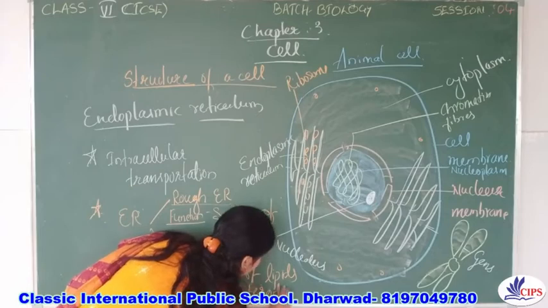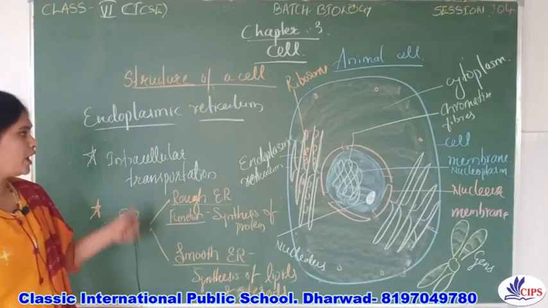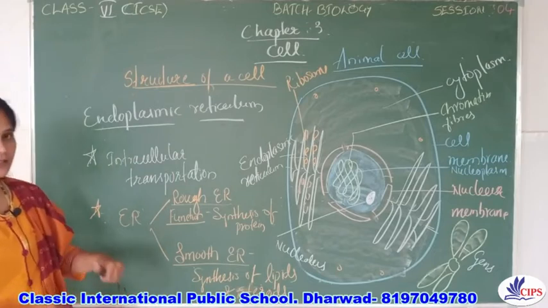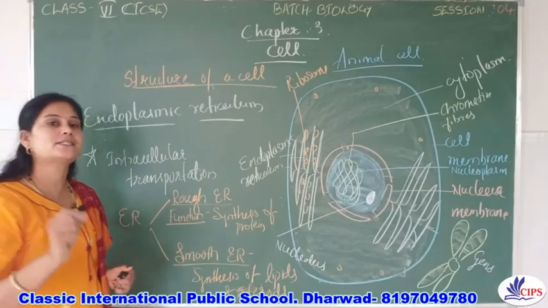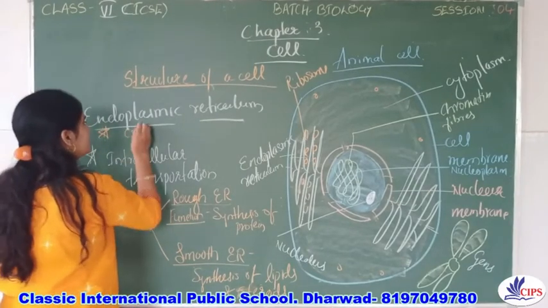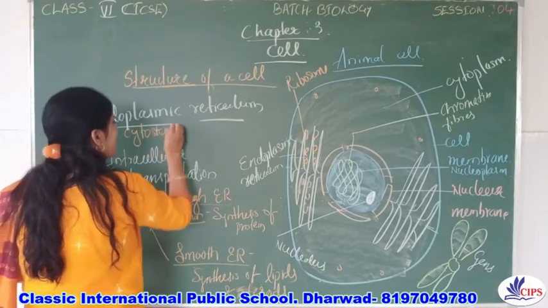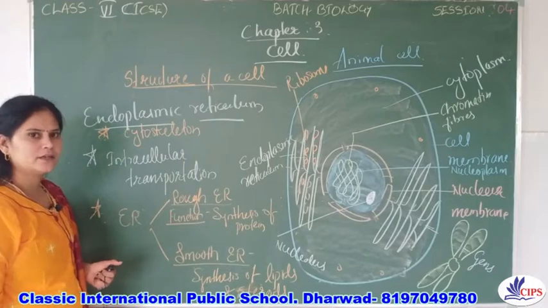Lipids and the steroids, right? And along with this, the endoplasmic reticulum also acts as a cytoskeleton. It acts as a cytoskeleton, or you can say it acts as a skeleton to the cell.